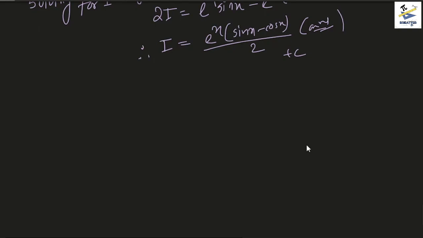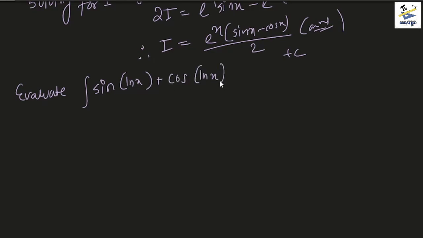This one would be a tad harder than the last one because of the concepts involved. Evaluate the integral of sine of log x plus cos of log x dx, right?